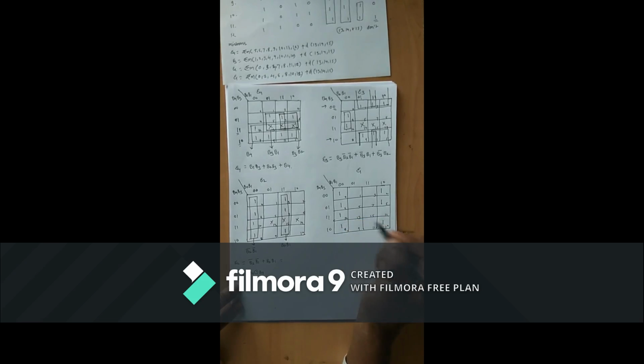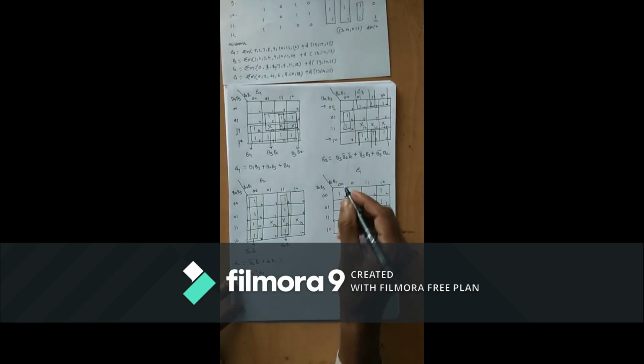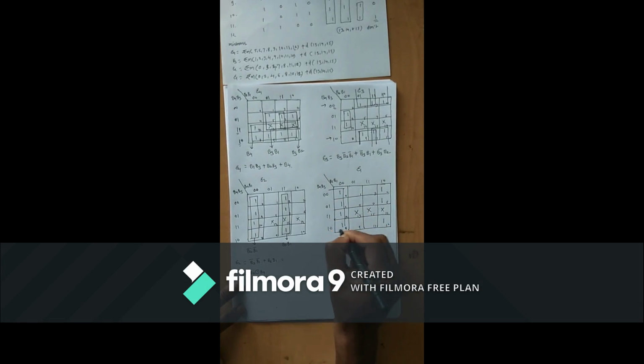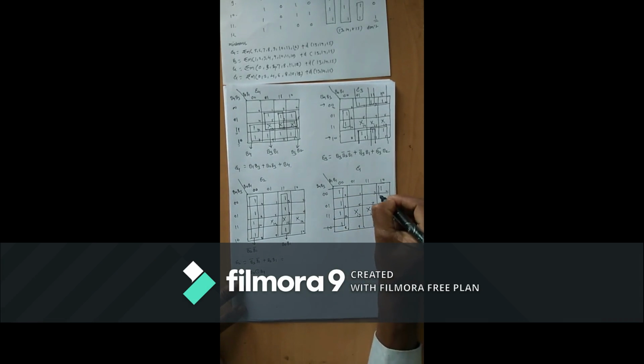These are the minterms which are present here, and there are also don't care conditions. So we can easily form the octet between these two, a folded octet.